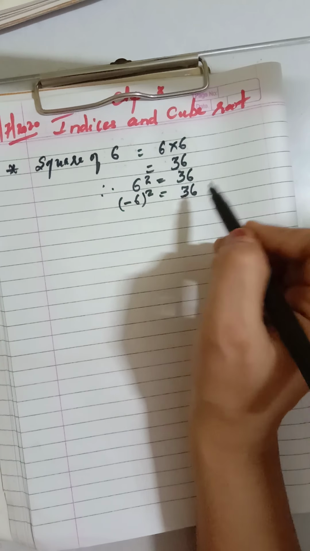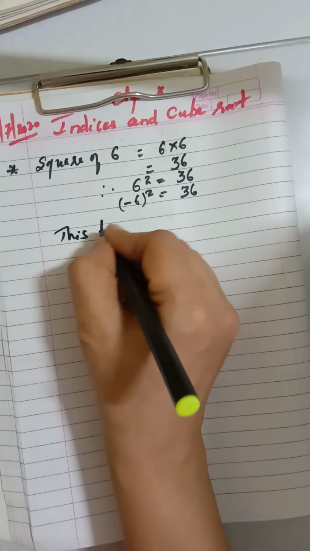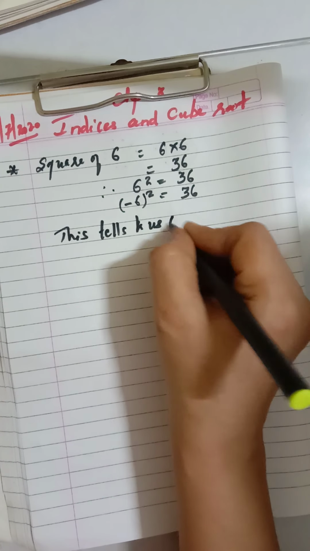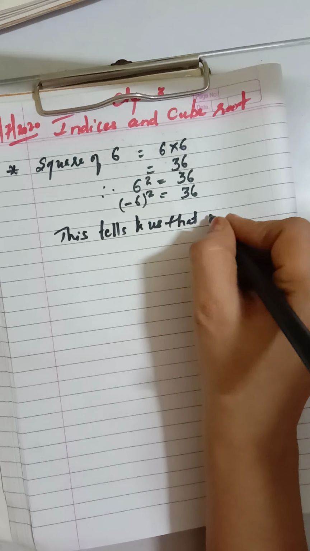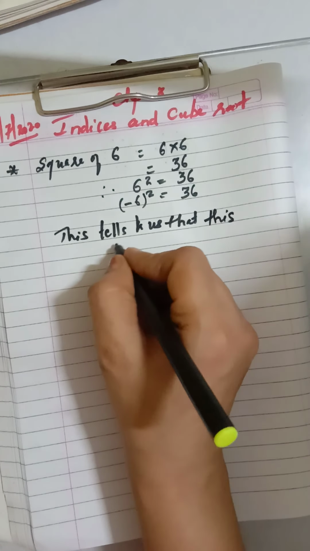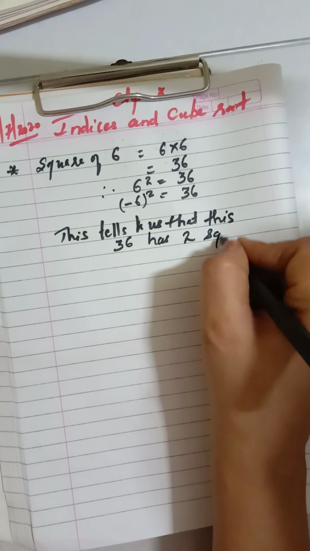So this tells us that this 36 has two square roots.